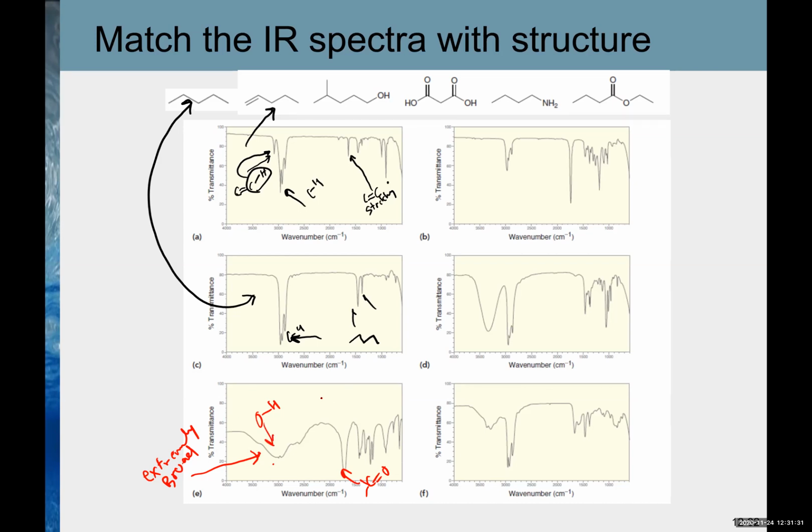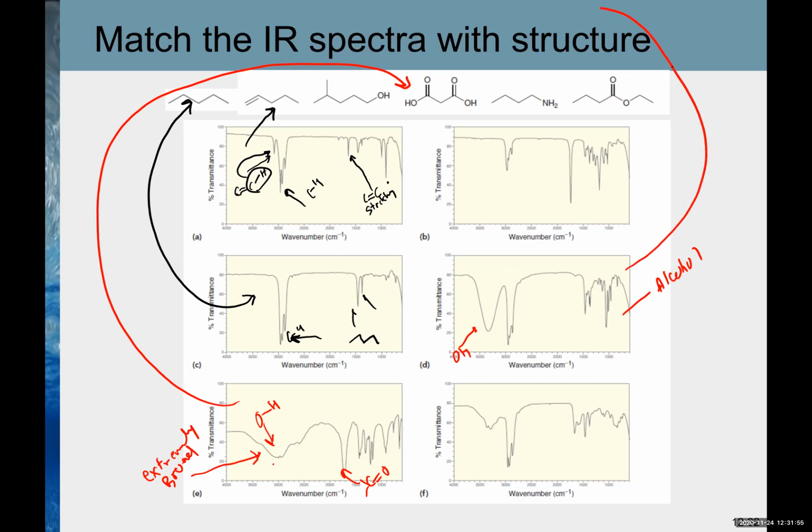So that means this belongs here. That is correct. What else did you say? D would belong to the alcohol. And that's again correct because this is a broad OH signal, but not as broad as E. So this is alcohol. And the only alcohol we have in our reserve is this one. And then other peaks. What is this peak?